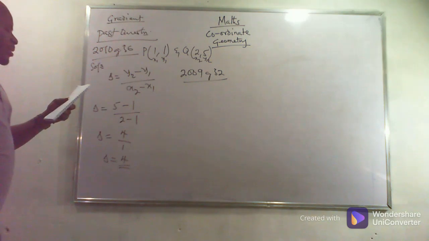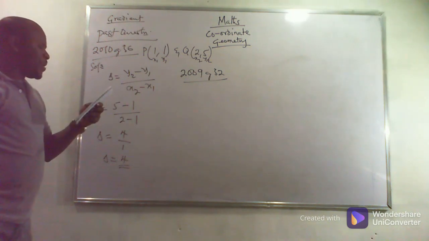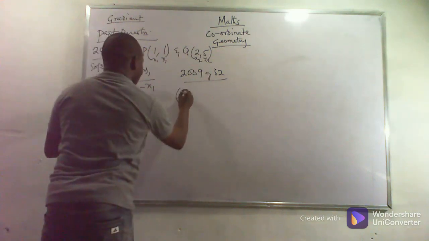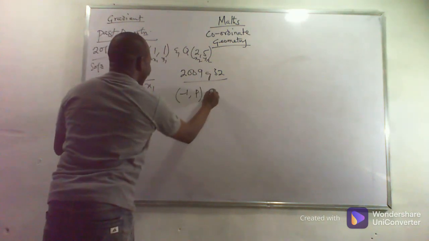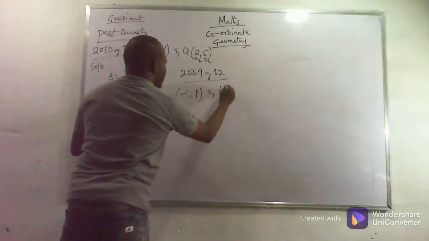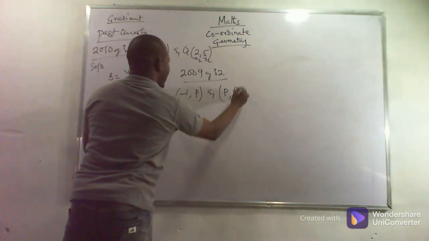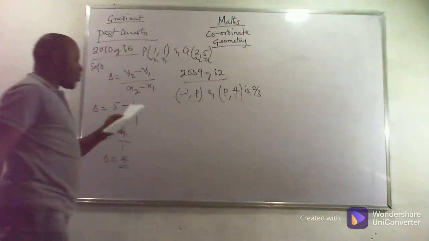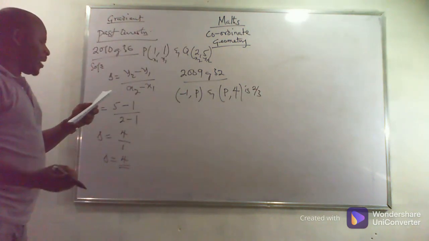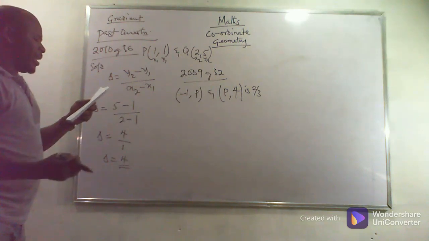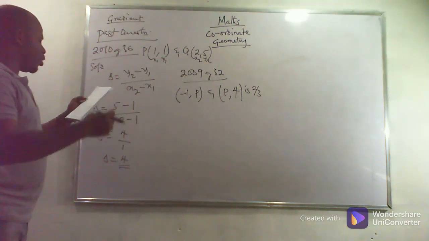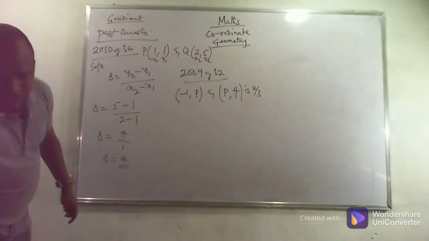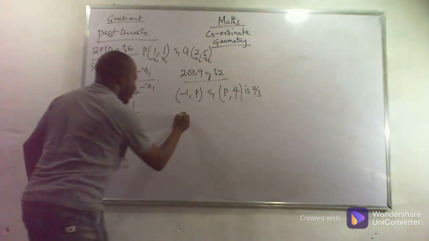The question reads, what is the value of P if the gradient of the line joining (minus 1, P) and (P, 4) is 2 over 3. Let's solve it. What's the formula?